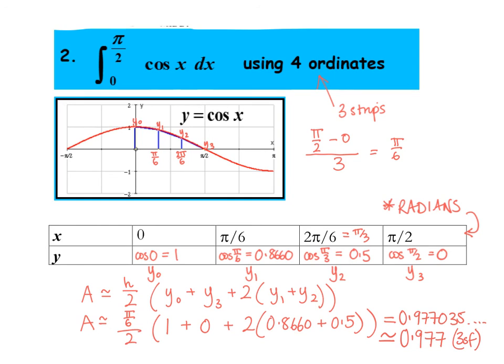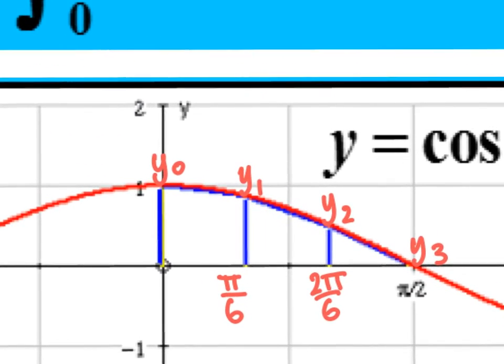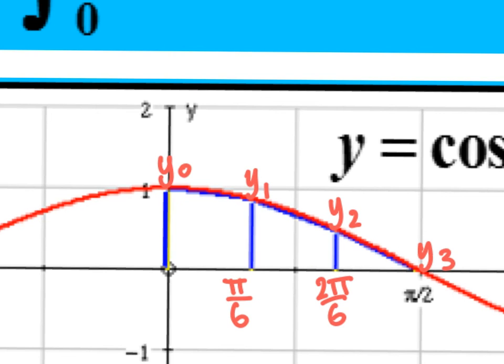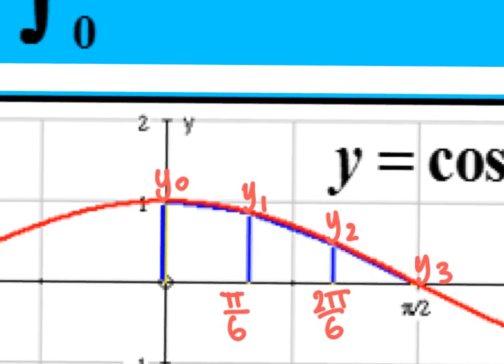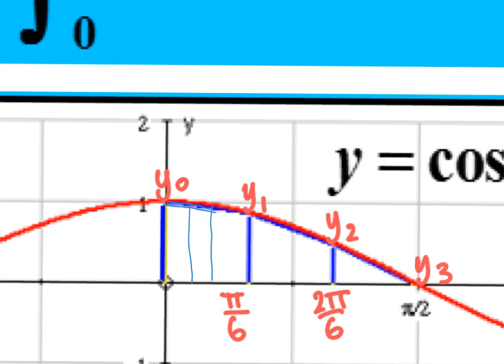Now to improve that, we should increase the number of strips, because if we made smaller strips, the top of the trapezium would get closer to the curve itself, rather than this one going quite a bit underneath, so we've got an underestimate for that one.